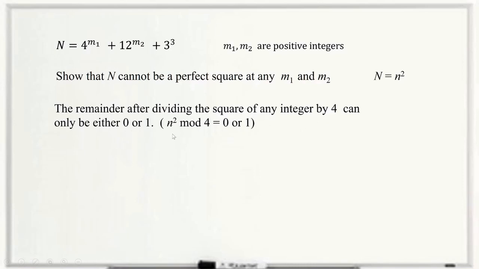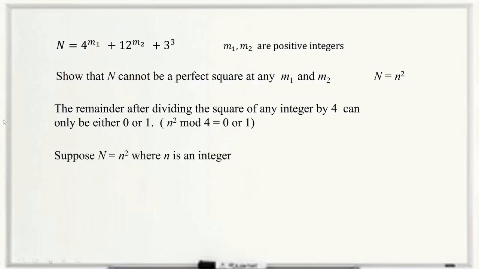In mathematical notation, it looks like this: n squared modulo 4 equals 0 or 1. Let's solve this problem using this property.